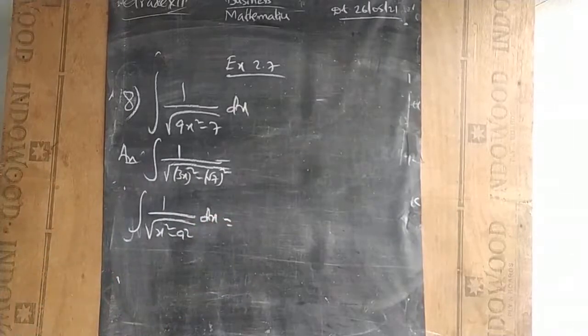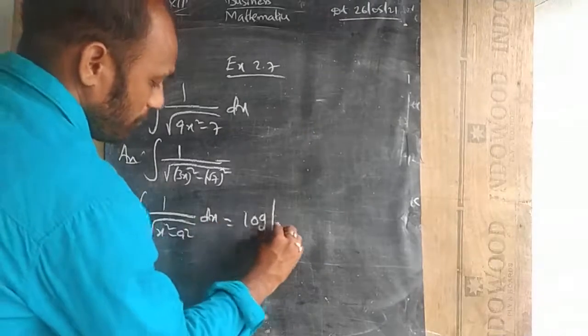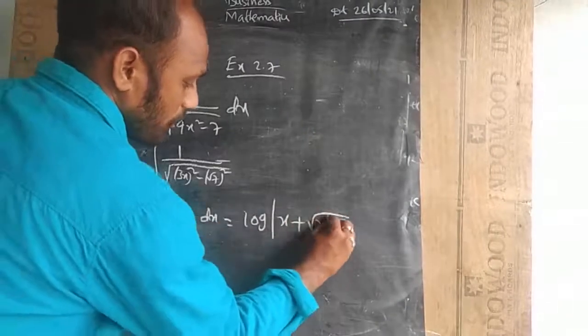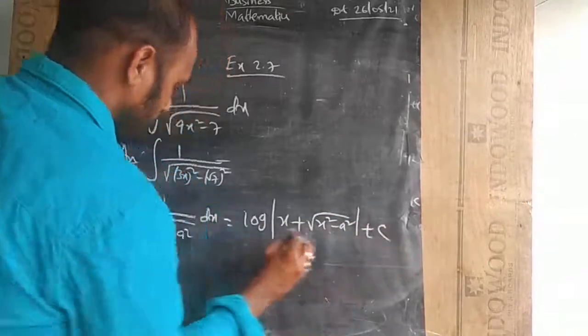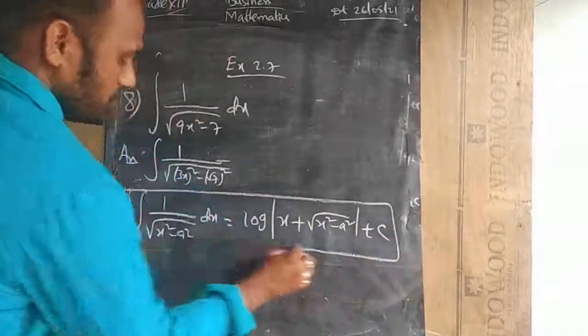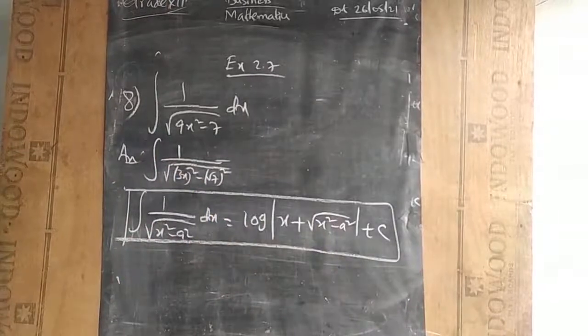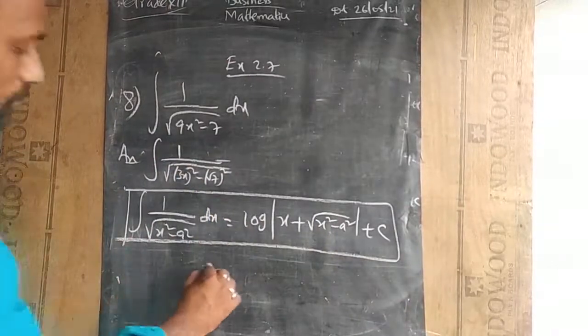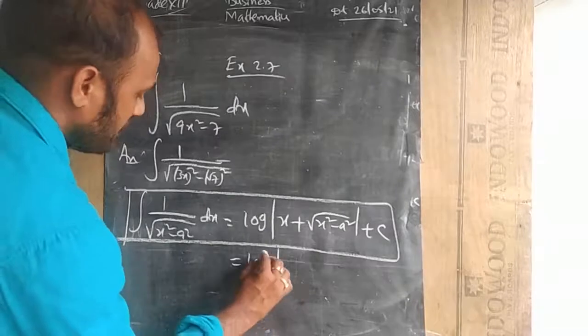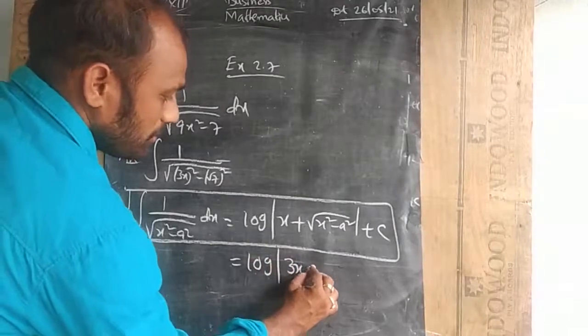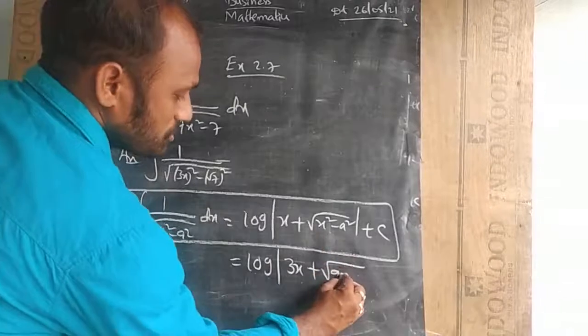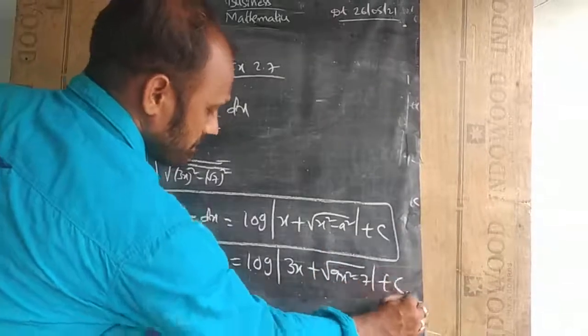The formula we can use for this is log of x plus root of x square minus a square plus c. So this is the formula we can use. Now just replace those values. So what we are going to get here: log of x means 3x plus root of 9x square minus 7 plus c. Simple step.